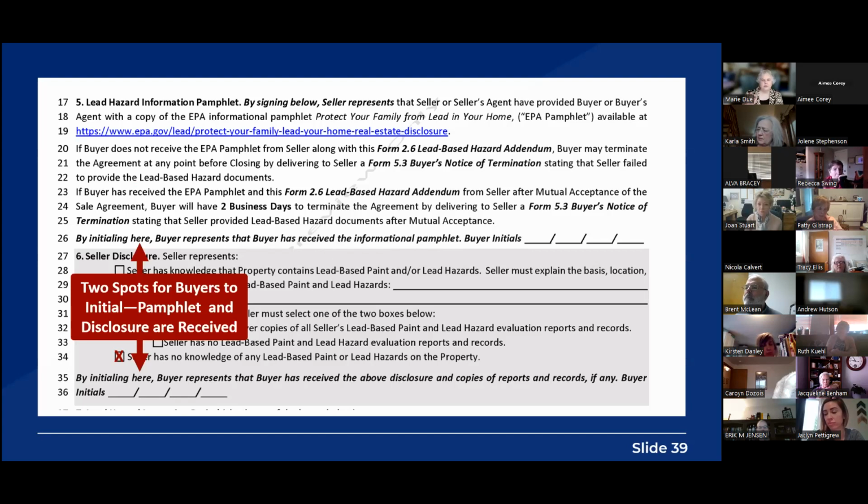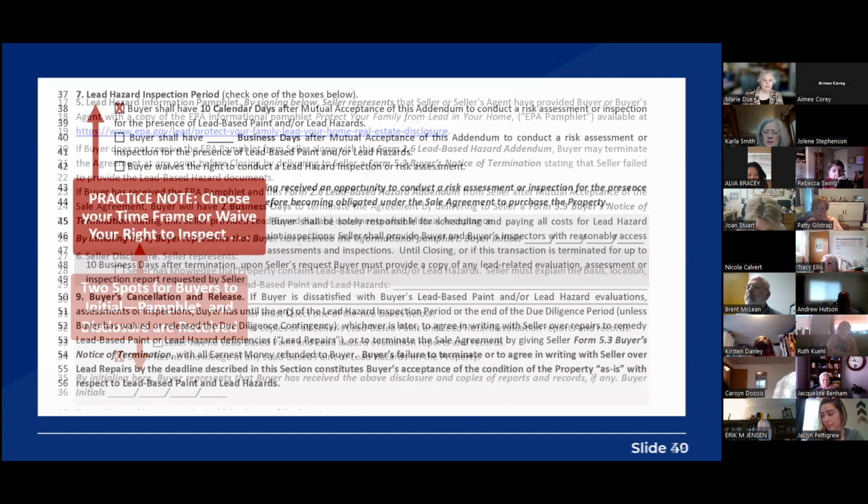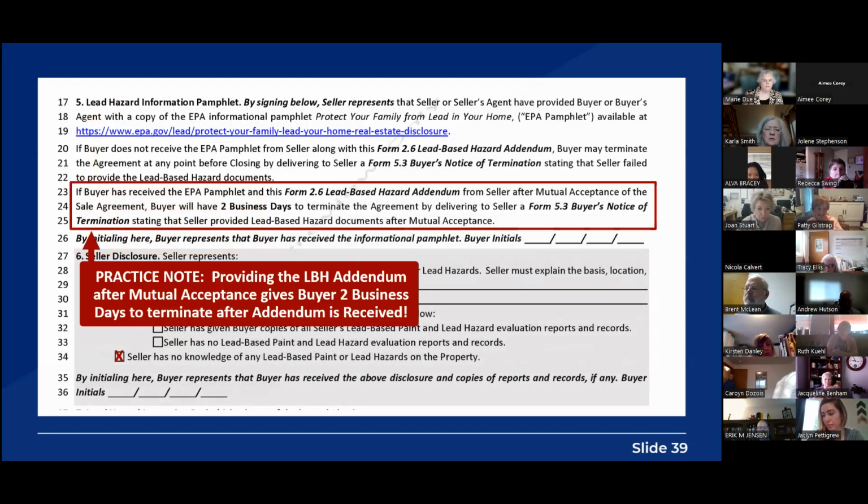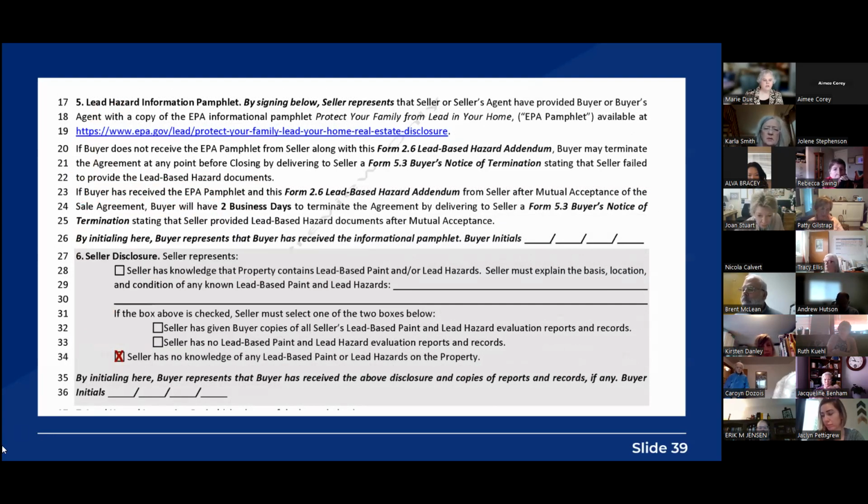There are two places for the buyers to initial. The first one says, I have received the informational pamphlet. That's where the buyer initials. And then that they have received the above disclosure and copies of reports and records, if there are any. Seller has knowledge that the property contains lead-based paint or lead hazards. And then you need to explain out what they have and what they don't have. We did this in this manner so that there isn't that chance that they check the wrong box, which we've been dealing with.